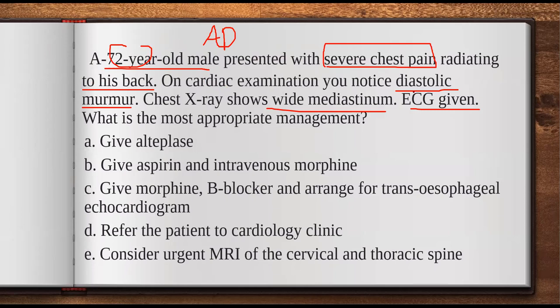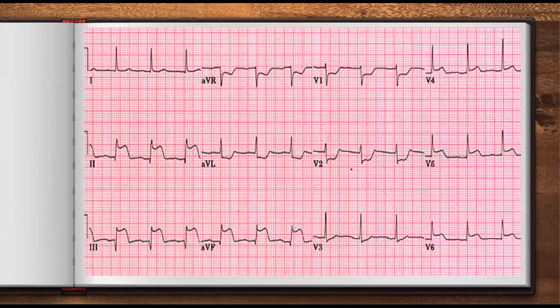On the top of that, you have got diastolic murmur. Sometimes diastolic murmur can happen in dissection if they develop aortic regurgitation. And chest X-ray shows widening of the mediastinum. ECG is given. If you look at the ECG, you will find a very good ECG in here. Look at lead 1.